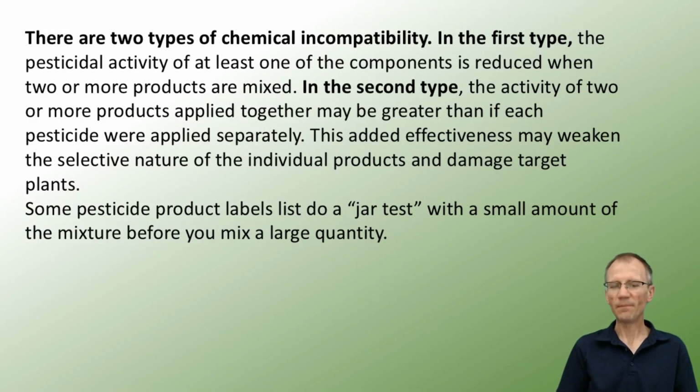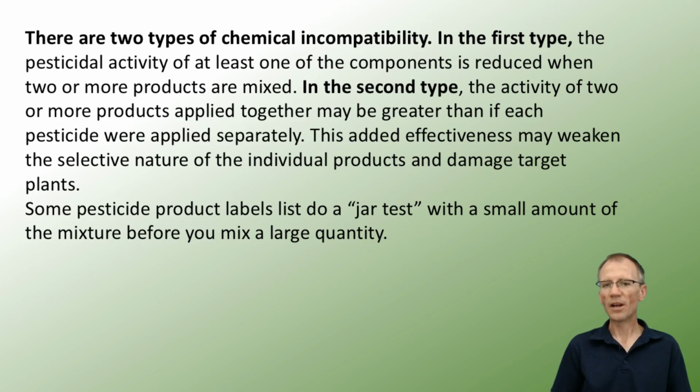In the first type, the pesticidal activity of at least one of the components is reduced when two or more products are mixed. In the second type, the activity of two or more products applied together may be greater than if each pesticide were applied separately. This added effectiveness may weaken the selective nature of the individual products and damage target plants.